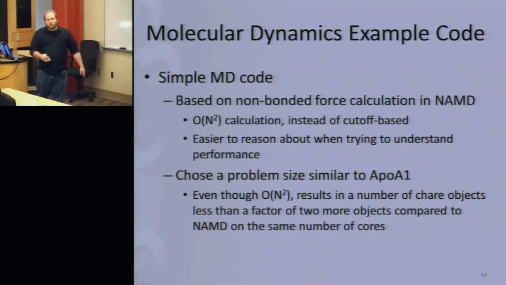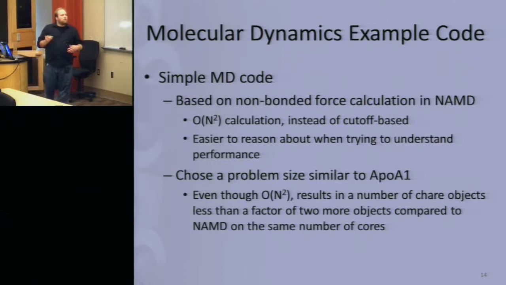We set up a simpler molecular dynamics code. This code uses an n-squared algorithm because we wanted simplicity and consistency in the results. There's so much variability going on, and this helps us analyze the results, essentially, is the main reason for this. But at the same time, we don't want to have a ton more work. So we chose a problem size that's similar to a commonly used system to benchmark NAMD, which is the APOA1 system.